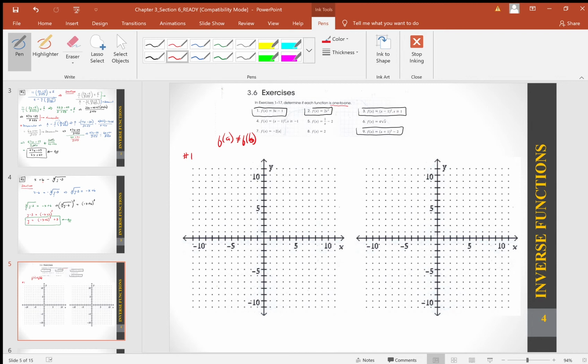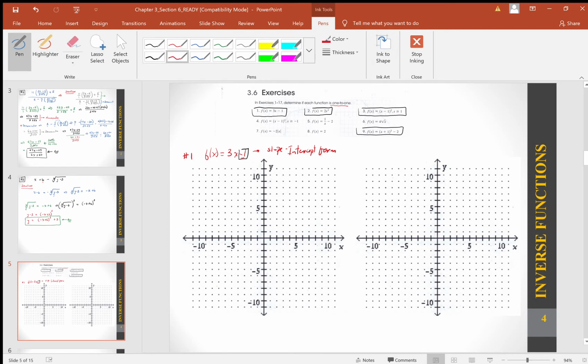So for number 1, we have f of x equals 3x minus 1. The best way to plot this quickly is that this is in the slope-intercept form.